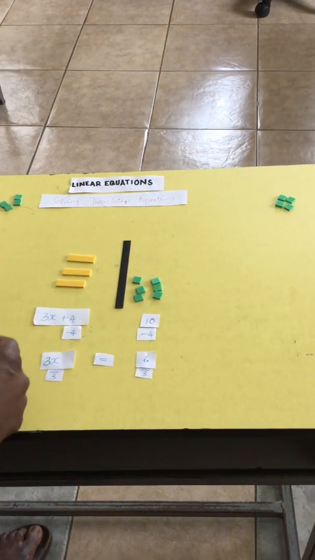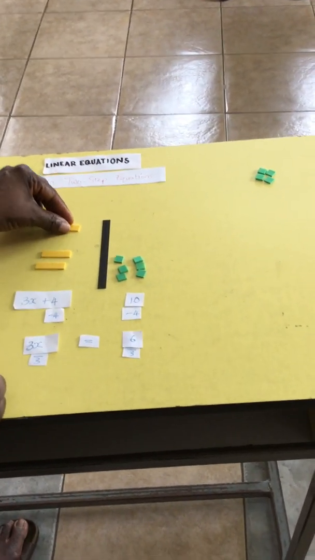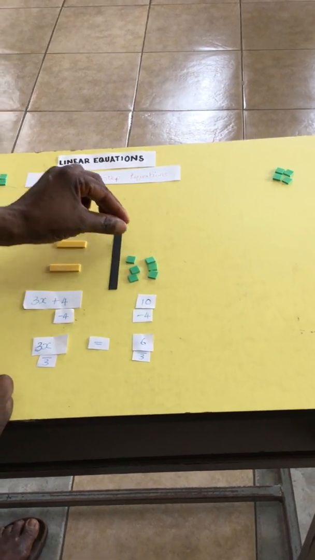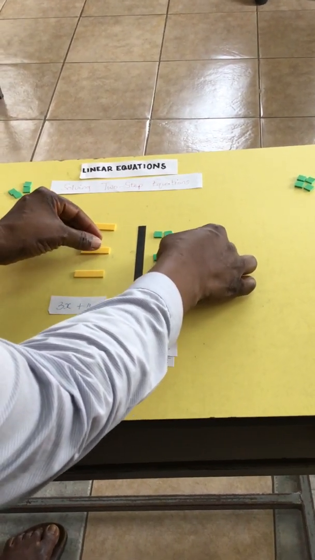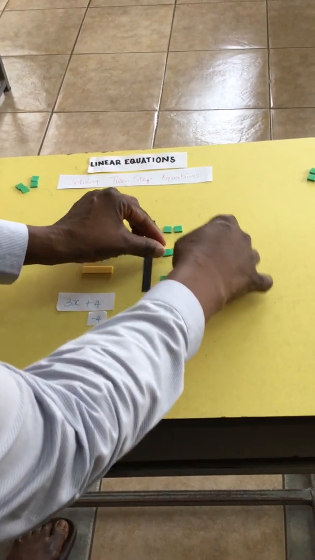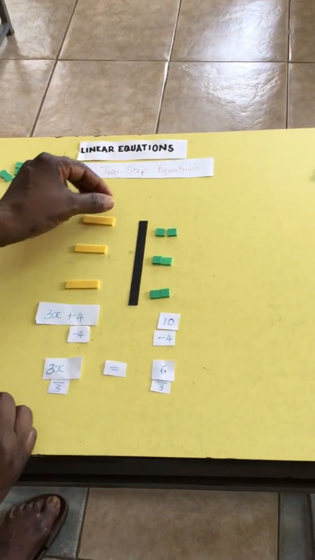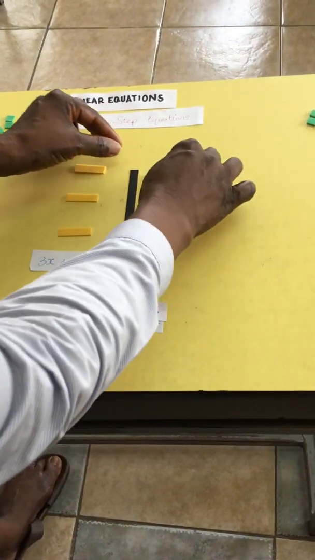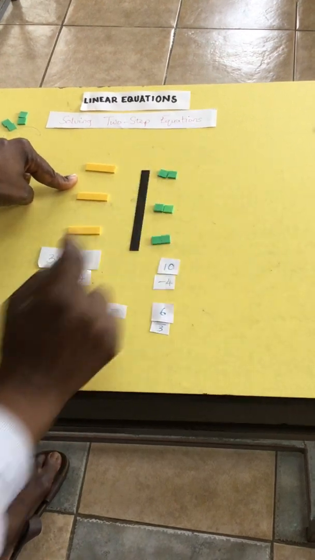So let's go ahead and use the material to do that. Divide it by 3. We divide it by 3. So we see right away there that x equals 2.